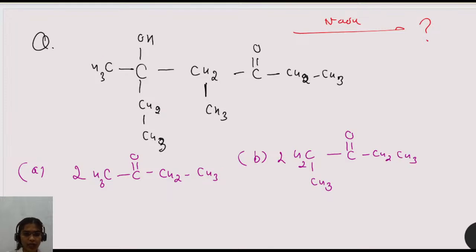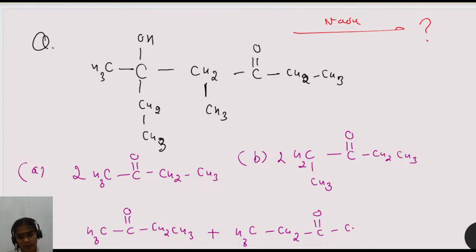And option number three, plus means one more product. I guess this is an easy reaction. Now let me know which is the correct answer here.